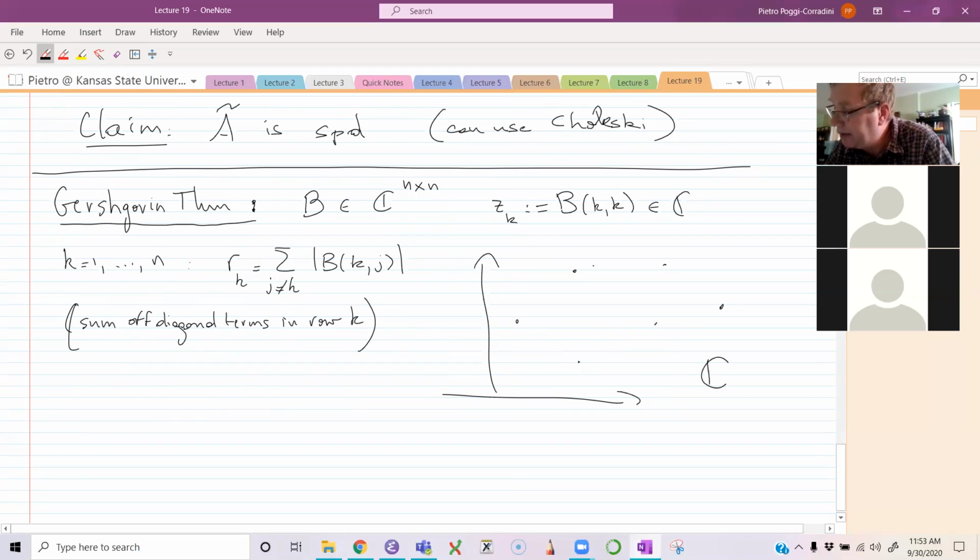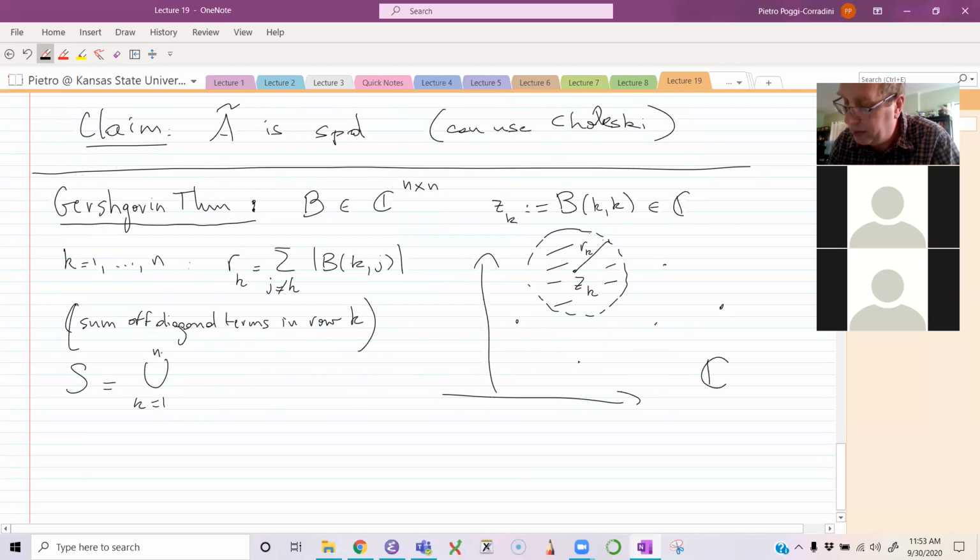All right, so now you have this z_k and you have these radii r_k, and you can put some disks around each point. And you're going to let S be the union, k from 1 to n, of these disks. So I don't want to use the letter B because B is already used.